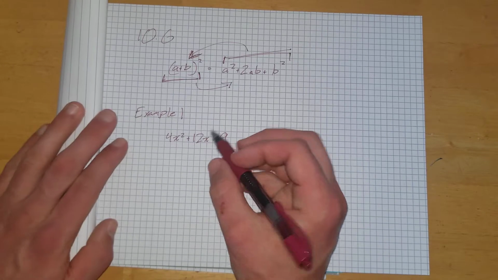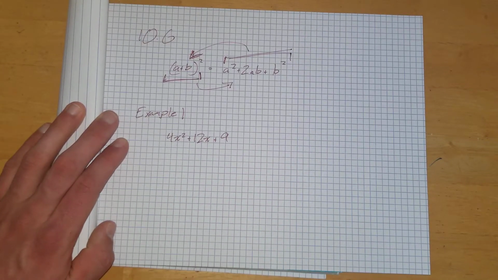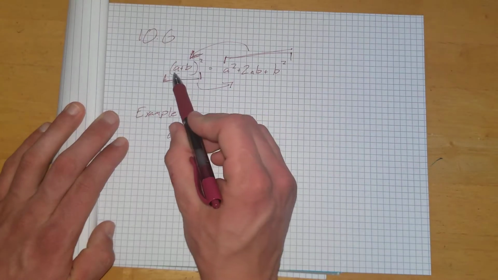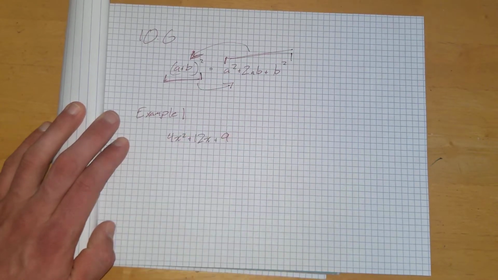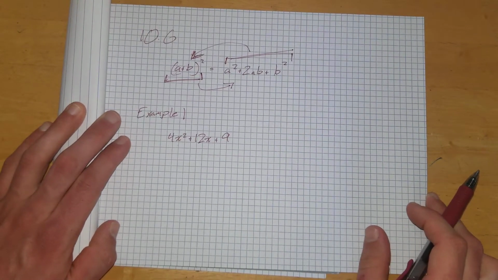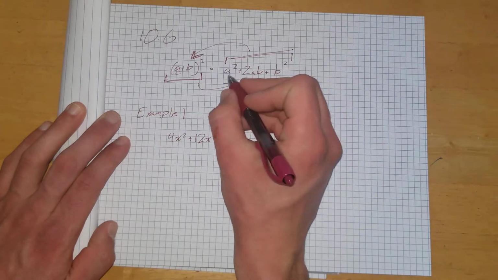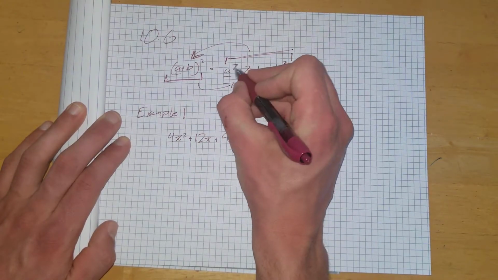So this is a trinomial because we have 1, 2, 3 terms in my polynomial. We want to get something that's a binomial where you only have 2 terms, and we want to square that binomial. So the thing we want to do first is look at A and B here. You see that both of them are squared.